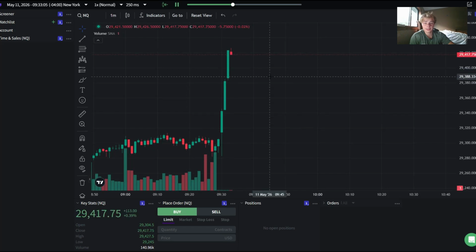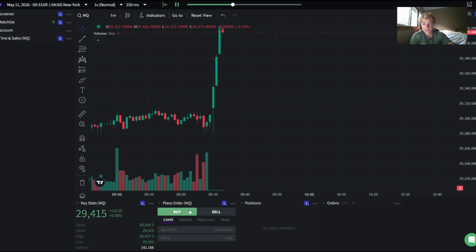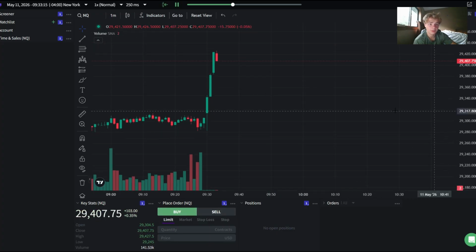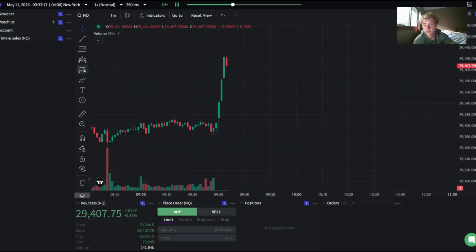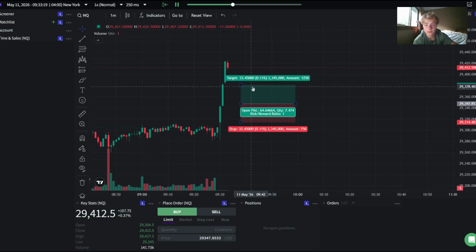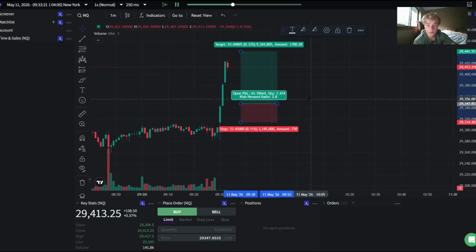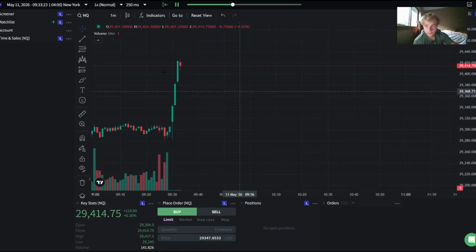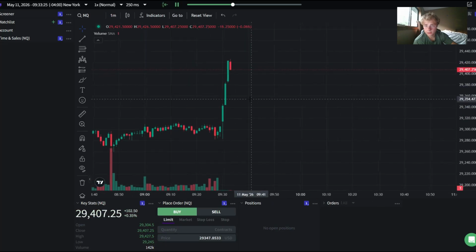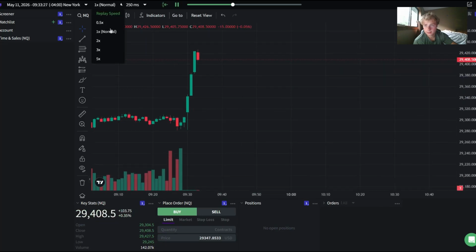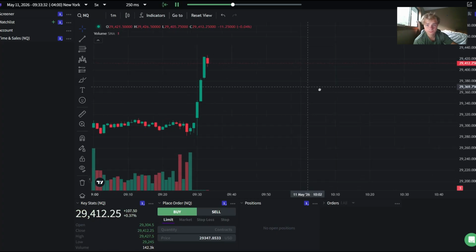And then you can either take an actual entry right here, like you can buy or sell with this, but you don't really even need to do that. You can just use the position boxes, which is faster and simpler. Say I'm going to go back to 5x.